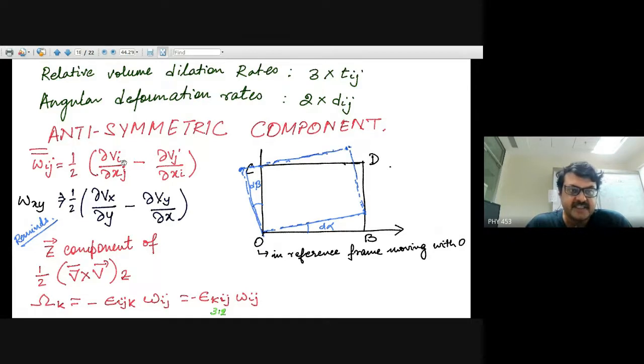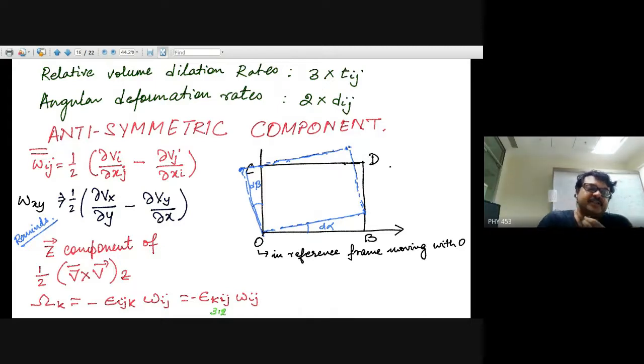If you take i to be x and j to be y, then the term becomes wxy equal to half of ∂vx/∂y minus ∂vy/∂x. And this is of course reminiscent of the z component of the curl of v, right? You can just write it down.